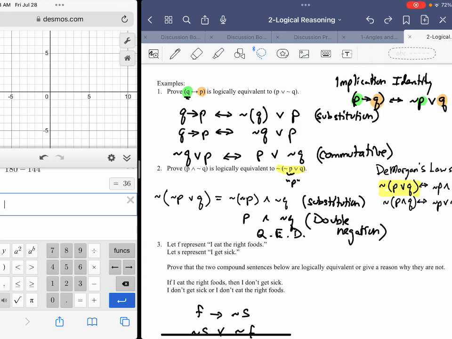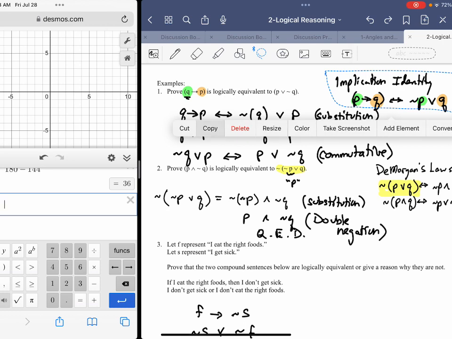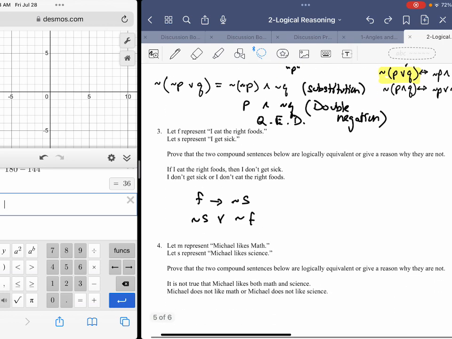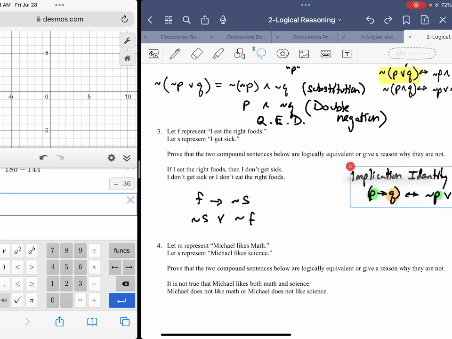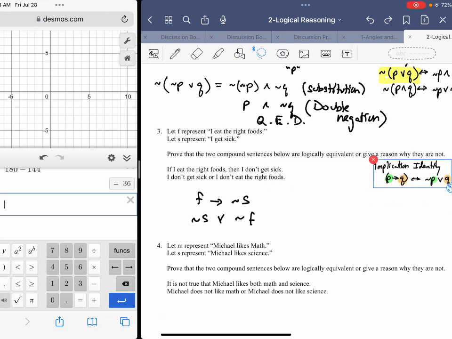All right. So this one actually may be slightly easier to follow because we're not overusing variables. The rule itself has P's and Q's in it, but my sentence here has F's and S's. So I'm going to take F and replace the P in my implication identity with that. And then I'm going to take my not S and replace the Q with that.